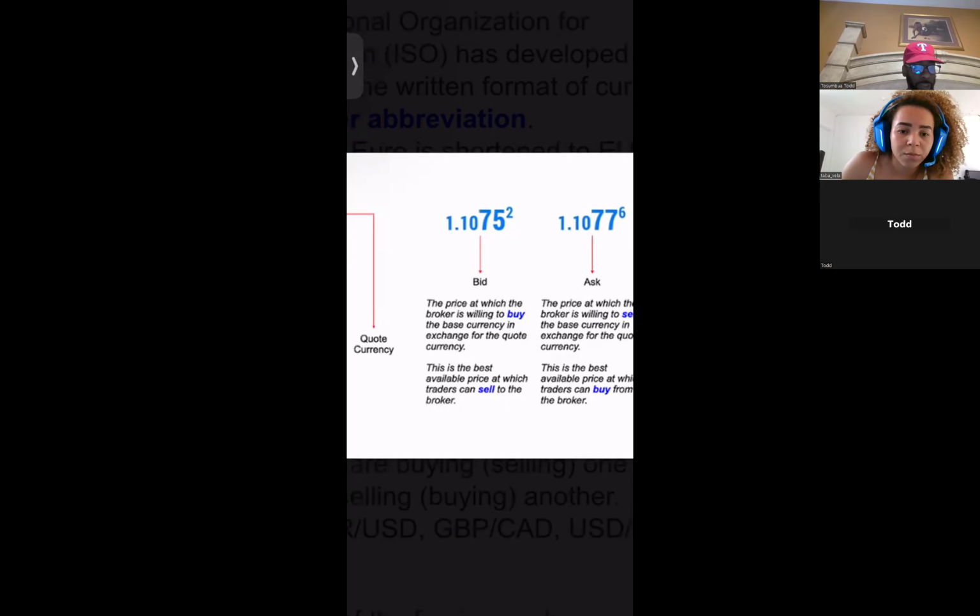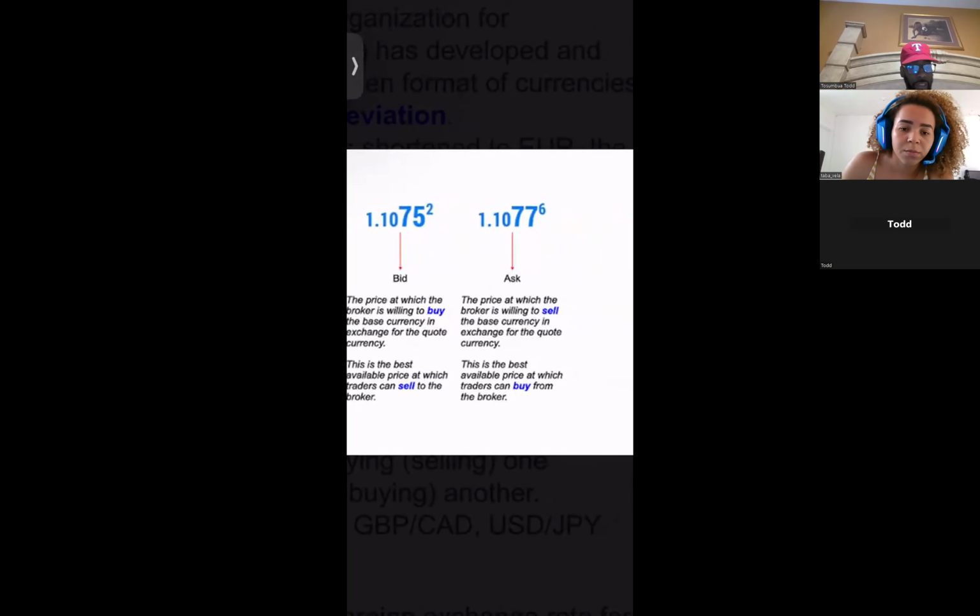This is always going to favor the broker, right? And here's the ask. The ask is the price that the broker is willing to sell the currency to you. You're buying it, they're going to sell it to you. This is the best price that you can buy the currency pair from your broker. I know it might be a little bit confusing, but trust me, you will start to understand this.